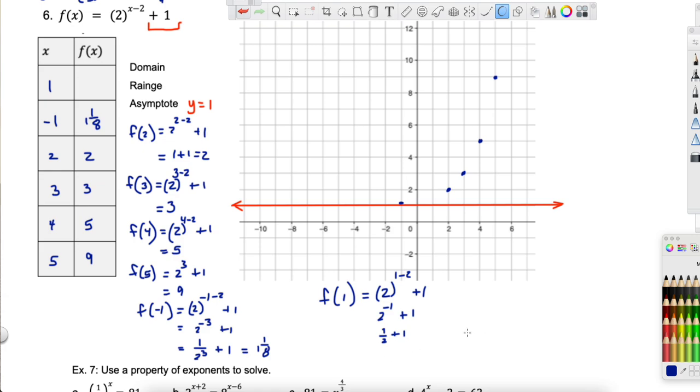That's 1 1/2 or 1.5, right? So 1, 1 1/2, I'm right here. Okay, so if we did 0, that would be 2 to the negative 2 is 1/4 plus 1. That'd be 1 1/4 would be here. Okay, and fit the curve now.